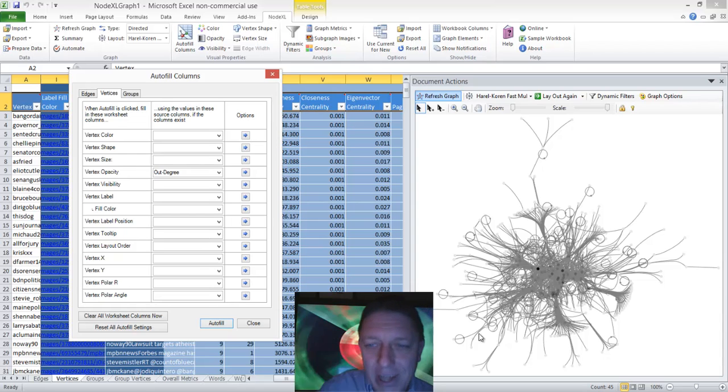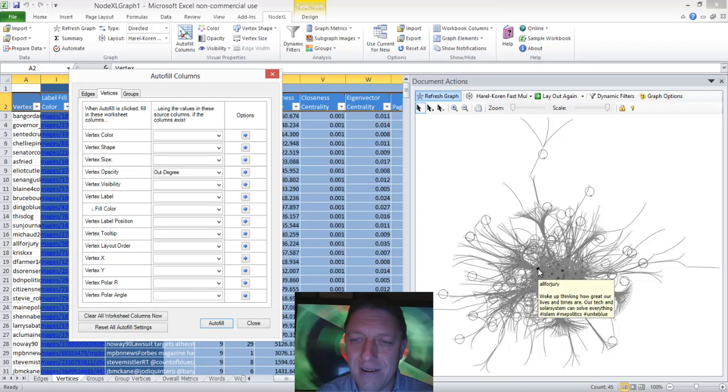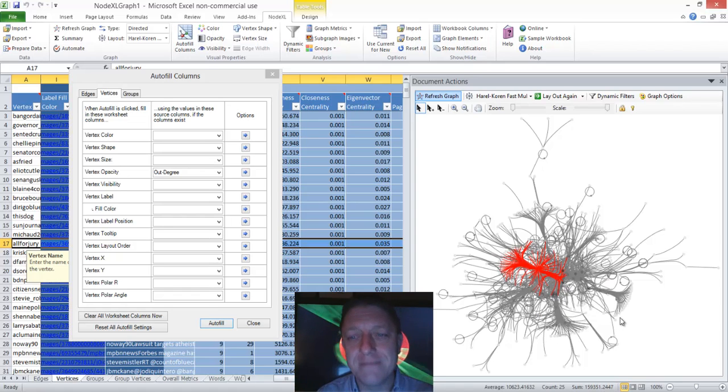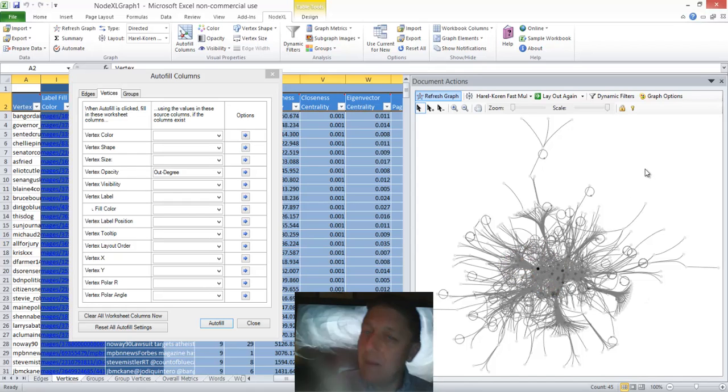Most of the highly opaque individuals that we see, the individuals with darker dots, are those in the middle. And I think we can figure out who this individual is here. All for jury. A big out degree, sending out lots of tweets, and is also visualized in this Harel-Koren Fast Multiscale, the spring embedded, as in the center of the network.